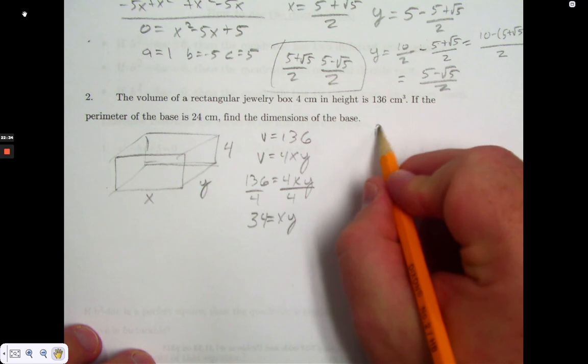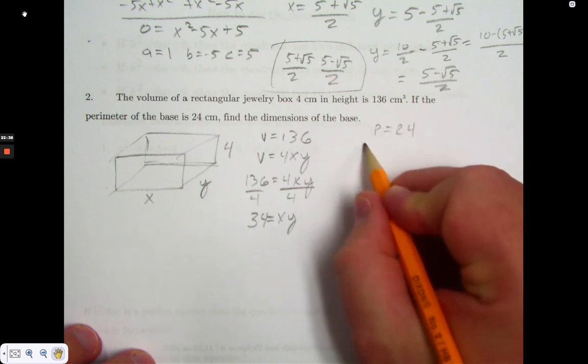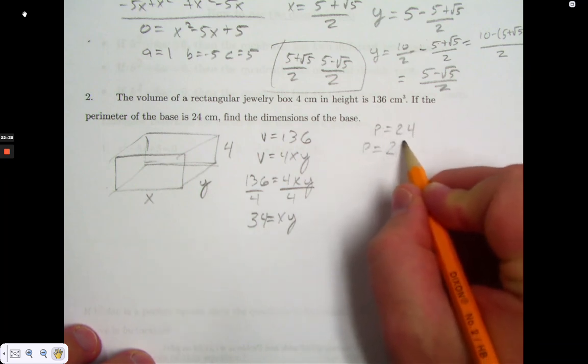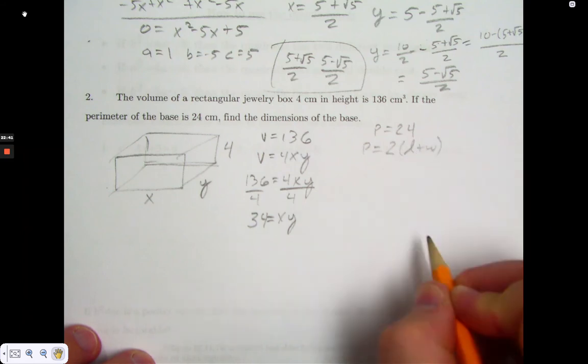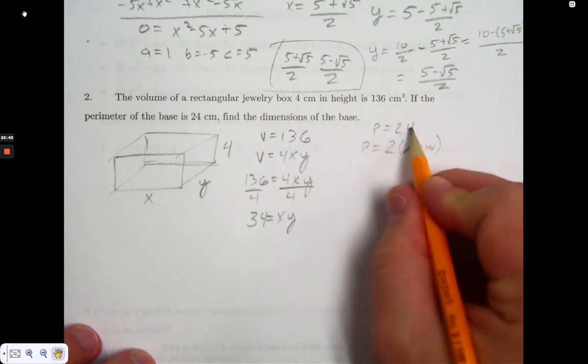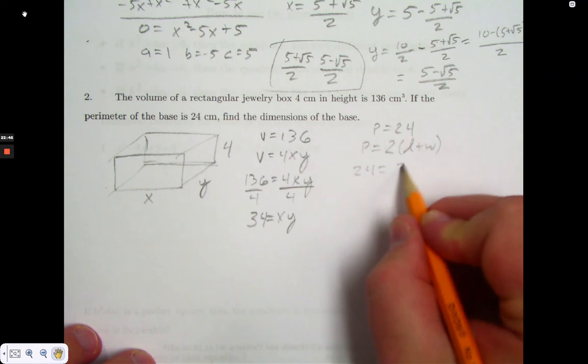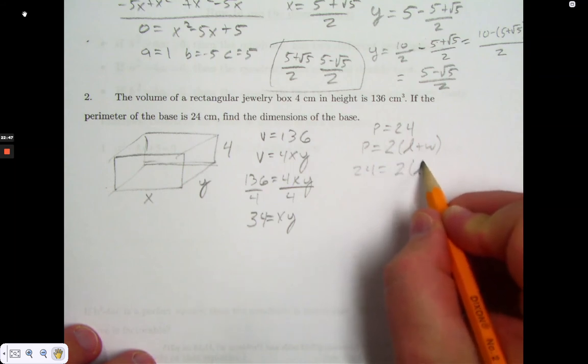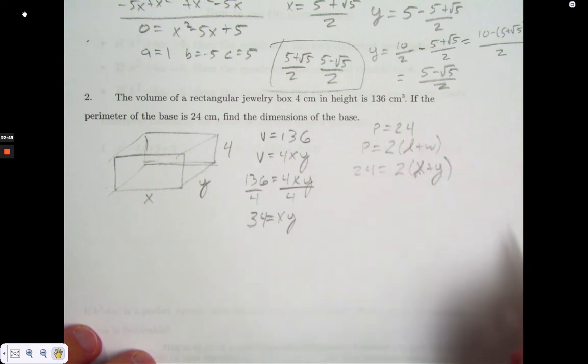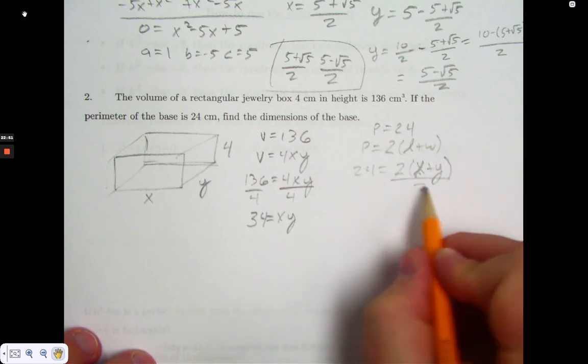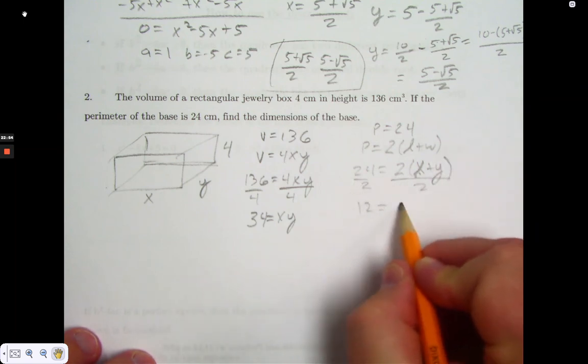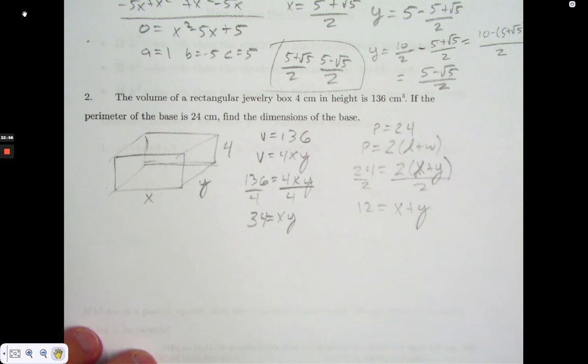Okay. On the other hand, we're told that our perimeter is 24, and we know that a perimeter has to be 2 times the length plus the width. So our 24 perimeter has to equal 2 times our x plus y. So if we divide both sides by 2, we get 12 equals x plus y.